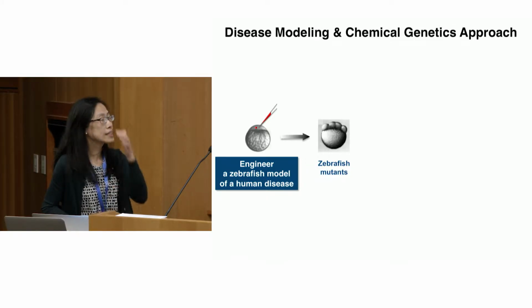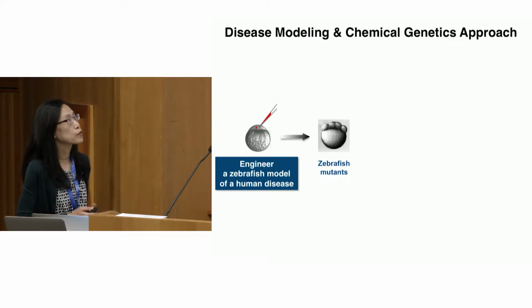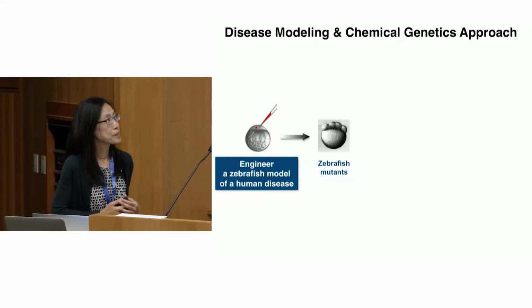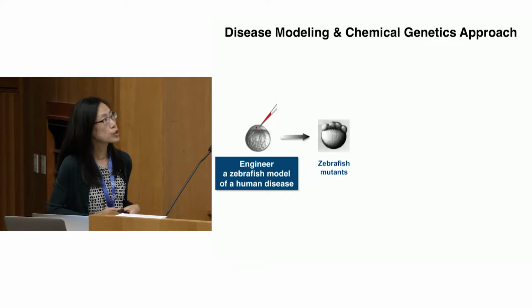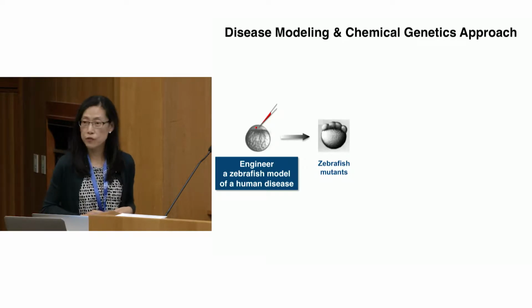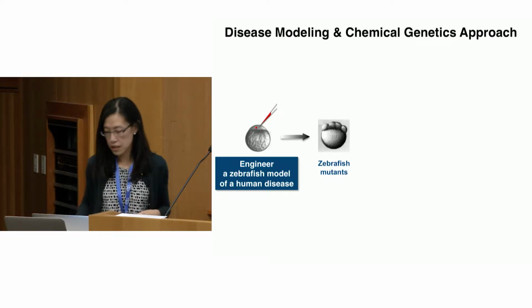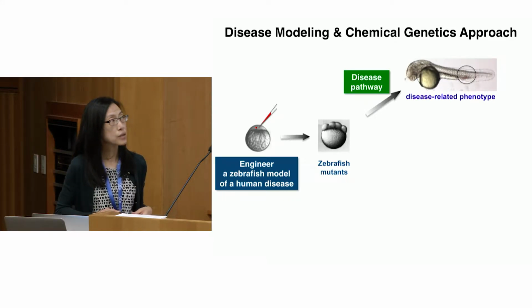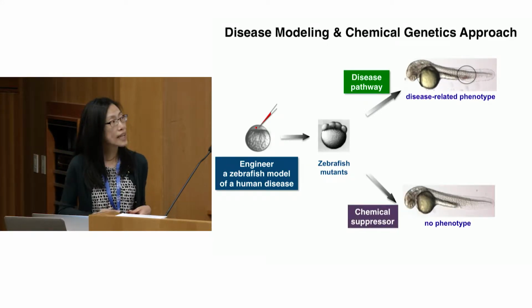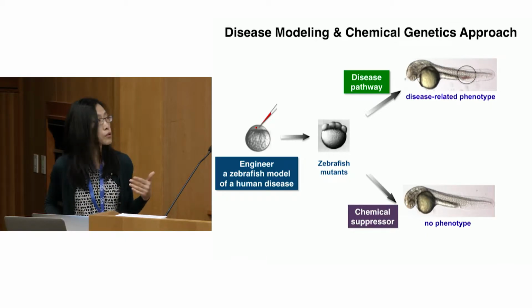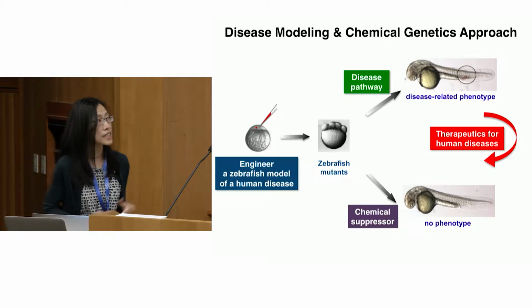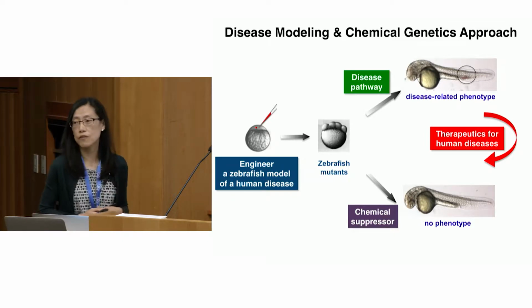Since zebrafish is such a useful model for disease modeling and chemical genetic approaches, having the ability to targetedly manipulate the zebrafish genome to create zebrafish models of human disease will allow us to study disease pathways, but also to identify chemical suppressors. And hopefully both of these approaches may facilitate the development of therapeutics.